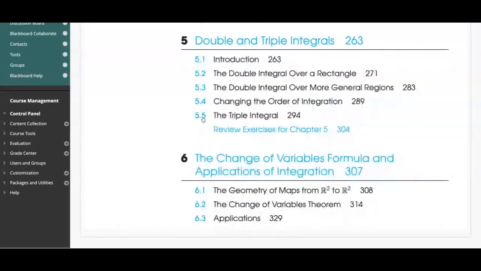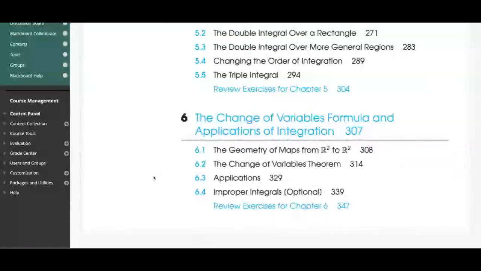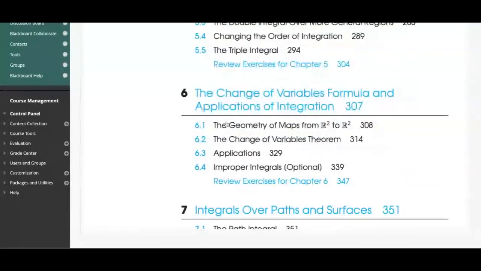All right, so next class we'll start triple integrals. Then once we finish triple integrals, we're going to jump into 6.1. I'm going to brush over it very quickly, then focus on 6.2, the change of variables, because sometimes the integral is very difficult to integrate over x, y, z coordinates.